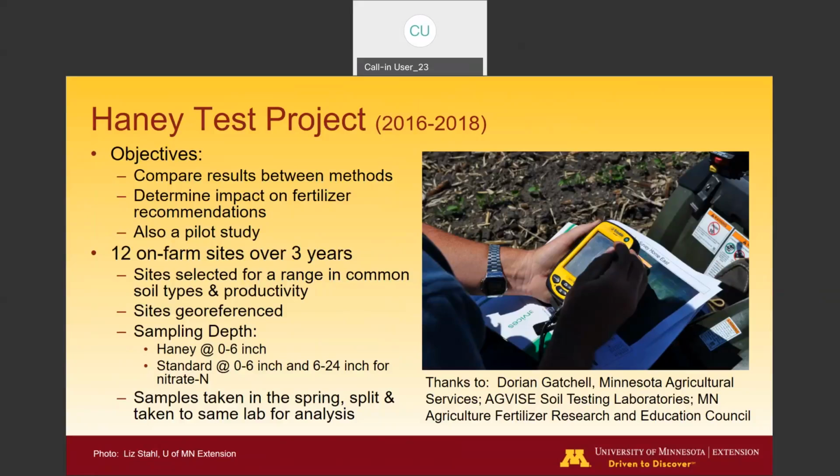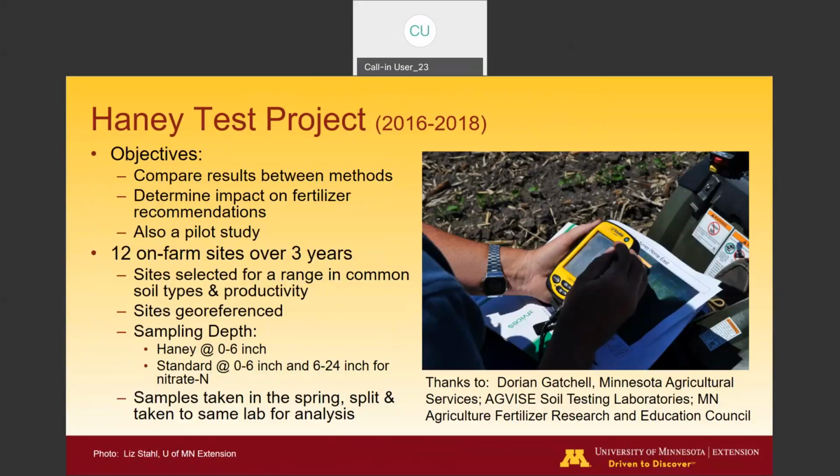And it's important to note too, people have questioned about this. By definition, the Haney test is to be sampled at 0 to 6 inches. Standard tests for phosphorus, potassium, organic matter, and other nutrients are also run at 0 to 6. But if you also want to sample for residual nitrogen in Minnesota, you're supposed to collect a sample from either 0 to 24 inches, or you could do 0 to 6, and then also collect a 6 to 24 inch sample.